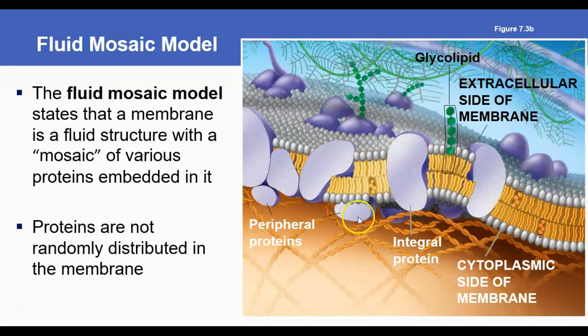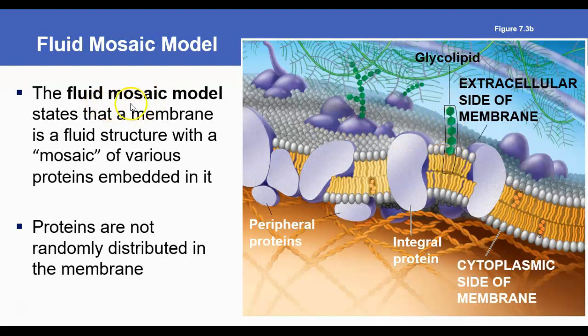We also have peripheral proteins that aren't going through that membrane, but are just staying inside the cell. And then we can also see some of these proteins that have some extra sugars on them. Those are called glycoproteins because they've got some sugar or some carbohydrate, most likely glucose, but often other sugars, on a protein. You can also have glycolipids, which are sugars added to a phospholipid.